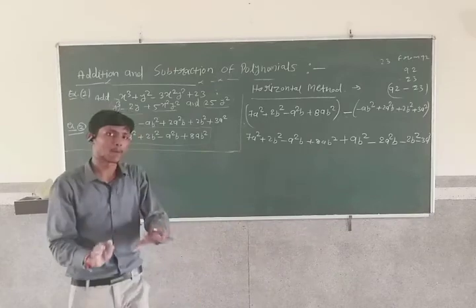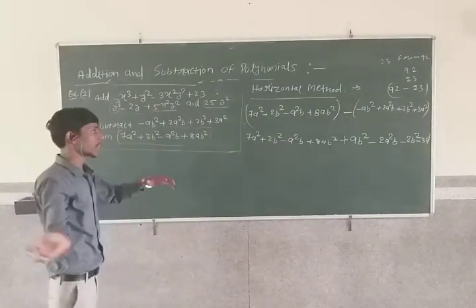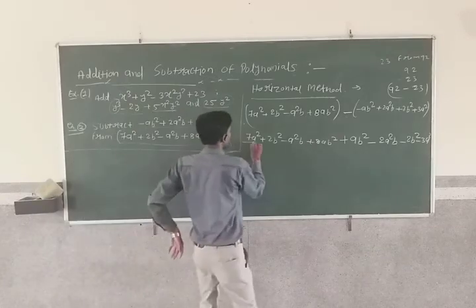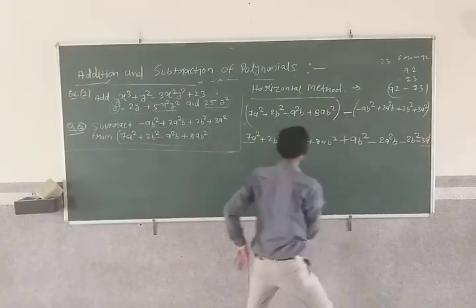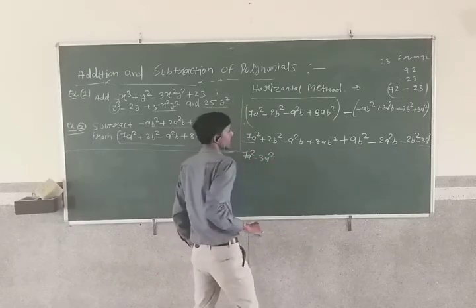Now the same process we did in the addition, here also we will do the same process. We will combine the like terms. This 7a square and this minus 3a square will be written together: 7a square minus 3a square.